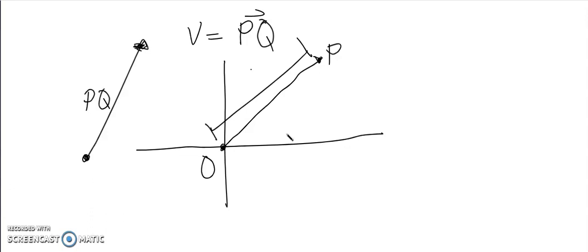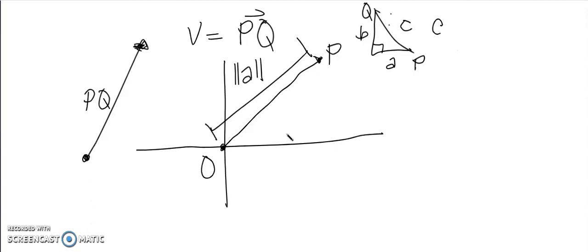We define the magnitude, for example, as the magnitude of A. The magnitude of A is the same as solving the hypotenuse, right? When we draw a right triangle with sides A, B, and C, we are going to use C squared equals A squared plus B squared.